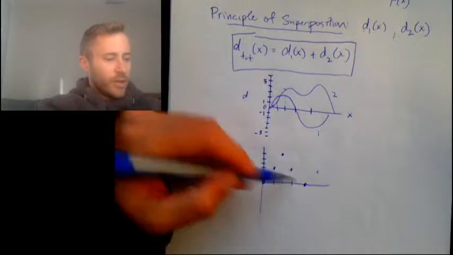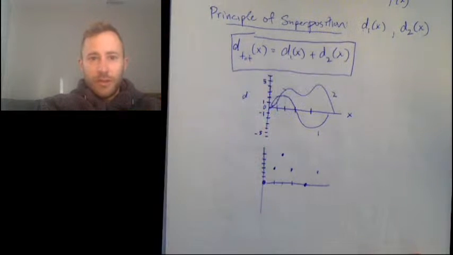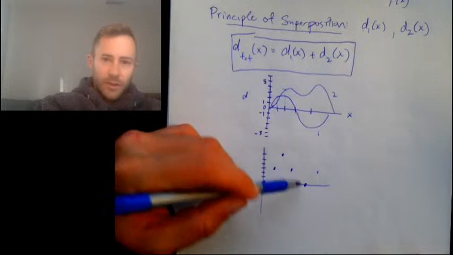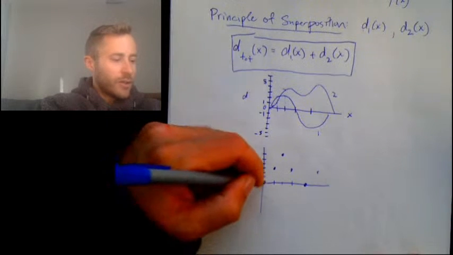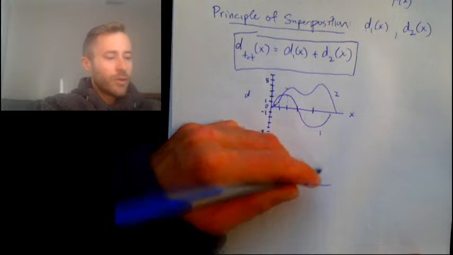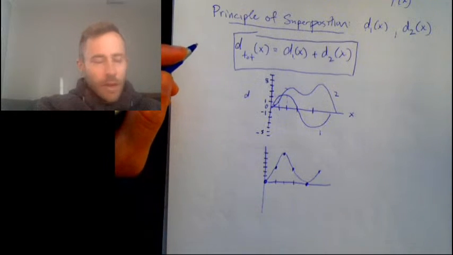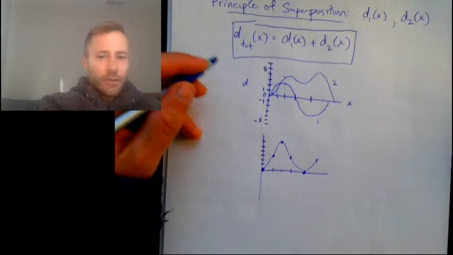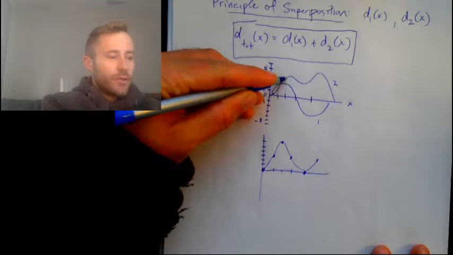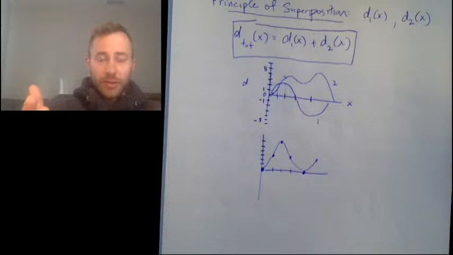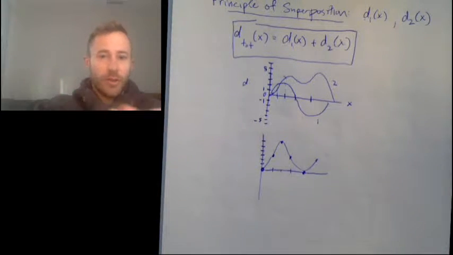So what we do is we take a couple of points like I just did. We add up d1 plus d2, so I have sort of a skeleton for what the total wave is going to look like. And then I just connect them with a nice smooth curve. One of the things we notice is that at this location the two waves are both positive, so when we add them together they create a bigger displacement.